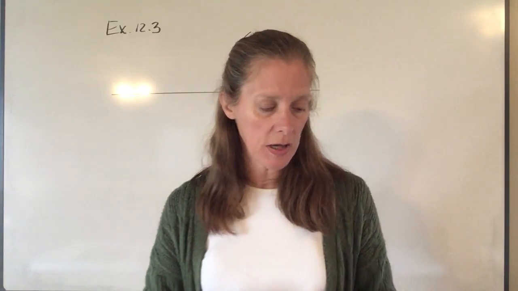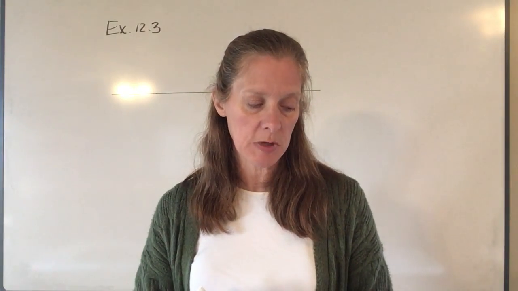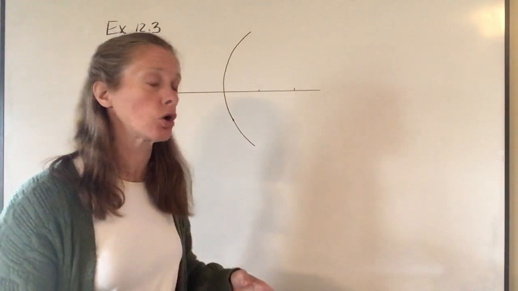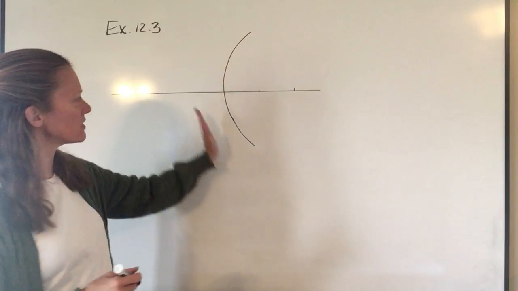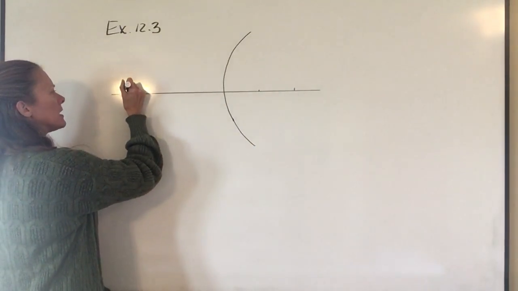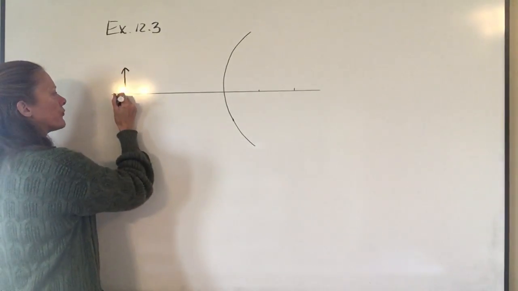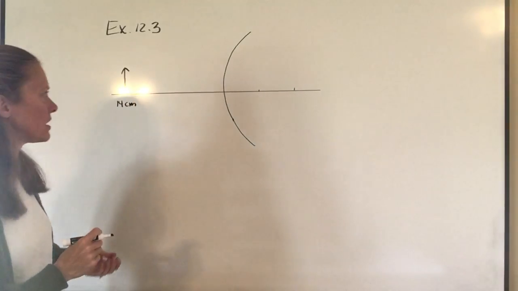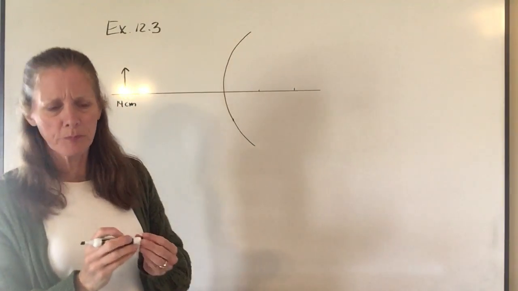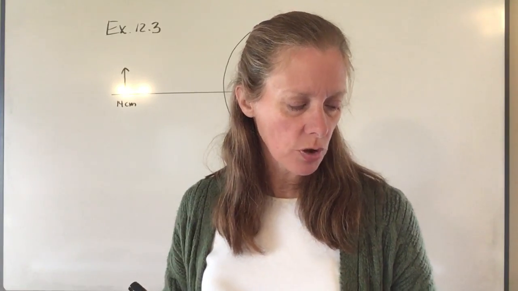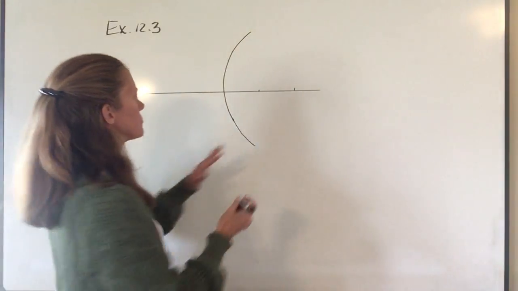It says that you've got an object placed 14 centimeters away from a convex spherical mirror. So here's my convex mirror. Here's my object out here, and it is 14 centimeters away from the mirror. Again, I've pre-measured this. Then it says that the radius of curvature of the mirror is 10 centimeters.